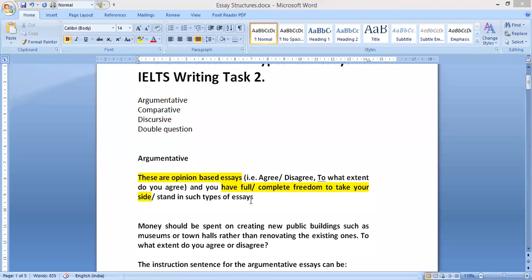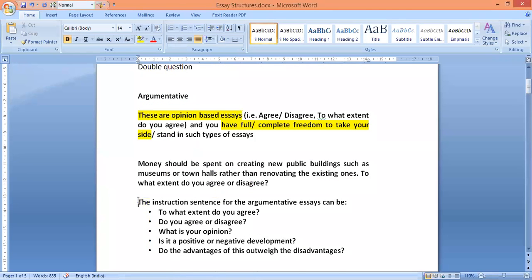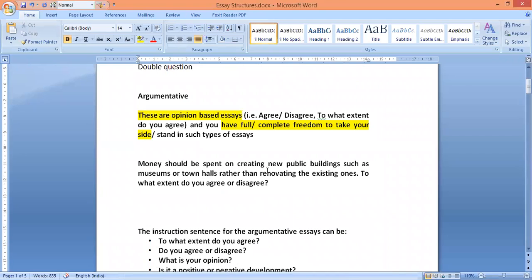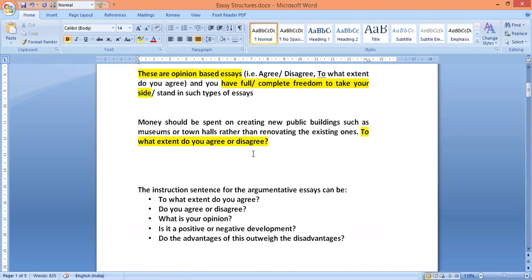So let's take an example. If the question is, money should be spent on creating new public buildings such as museums or town halls rather than renovating the existing ones. To what extent do you agree or disagree? Do you think you can completely agree with this question? Or not?